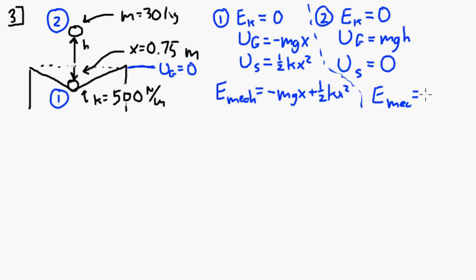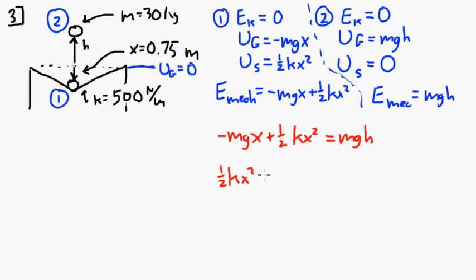If we set these two equal, so we neglect non-conservative forces, we get negative mgx plus 1/2 kx squared equals mgh. I'm going to bring this side over, so now we have 1/2 kx squared equals mg times (h plus x).